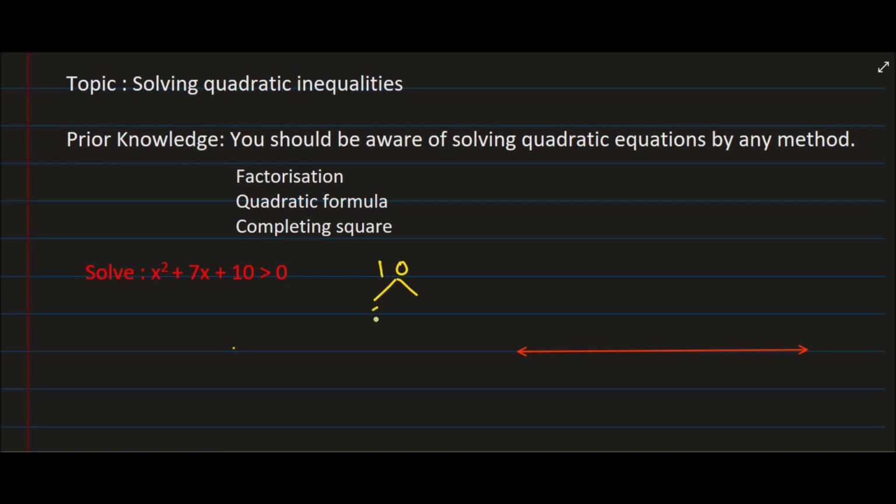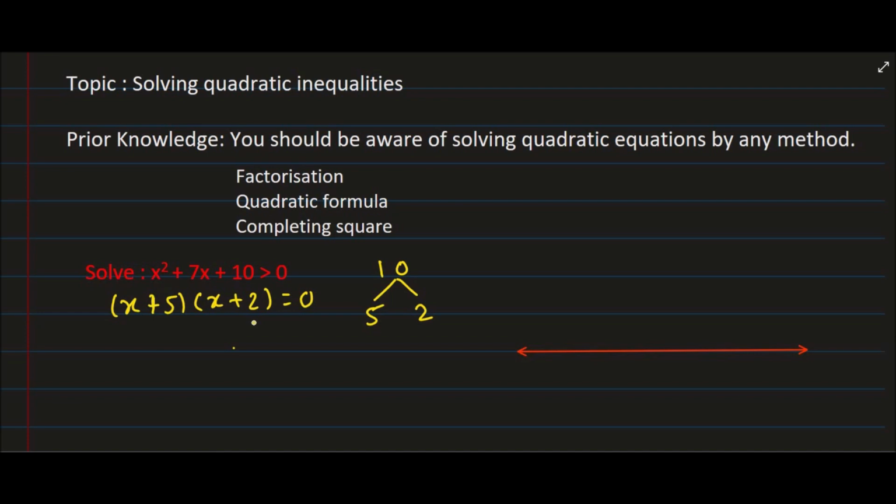So we get 5 and 2. That means we got the factors: x plus 5 into x plus 2 equal to 0. I am taking equal to because we will consider this as an equation.